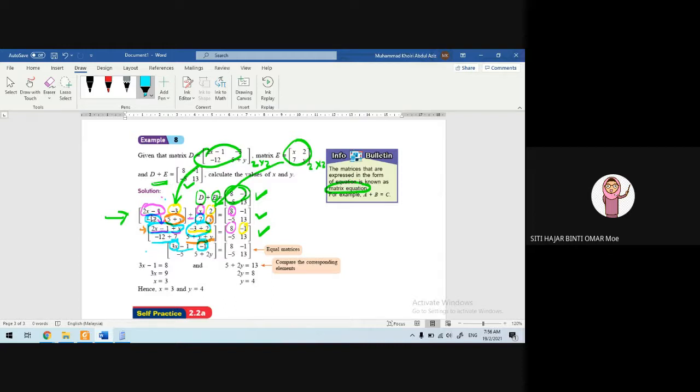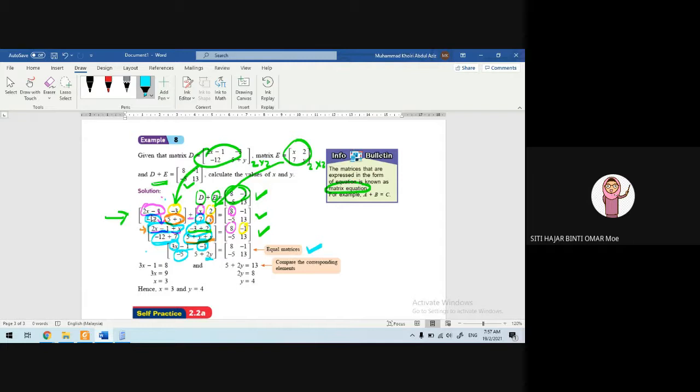Okay, so this one also numbers, calculate, and we got -5. So for this one, we have 2y. 5 plus 2y. Okay, write down here. So this one, we call it as equal matrices. Okay, because left hand matrix is equal to right hand matrix.